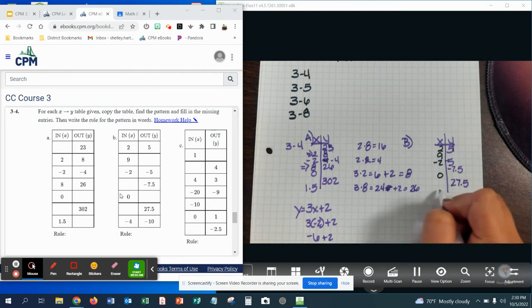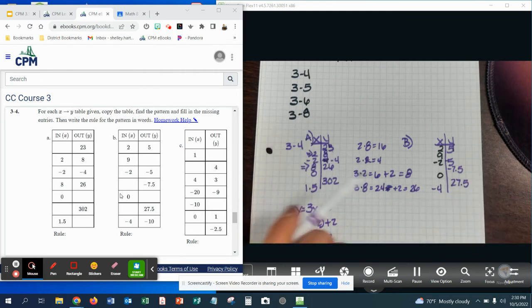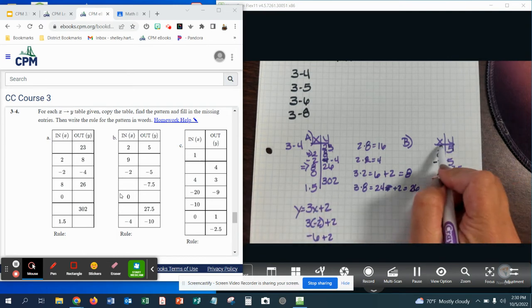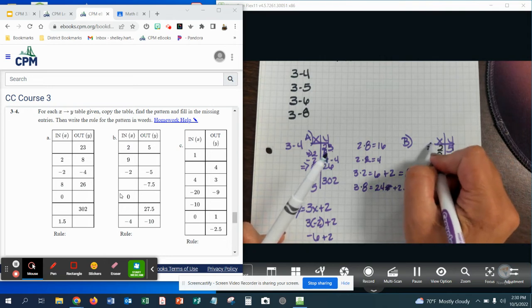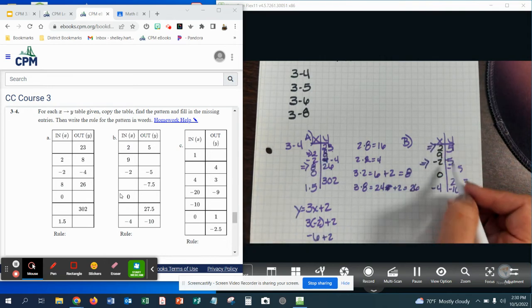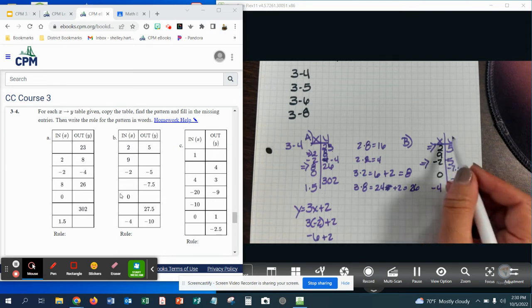Okay, and then -4 and -10. So if you look at the 2 and the 5, I'm focused on these two right here. They're exactly the same thing except for one's negative and one's positive.